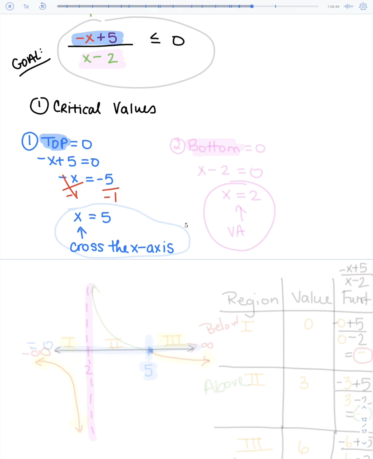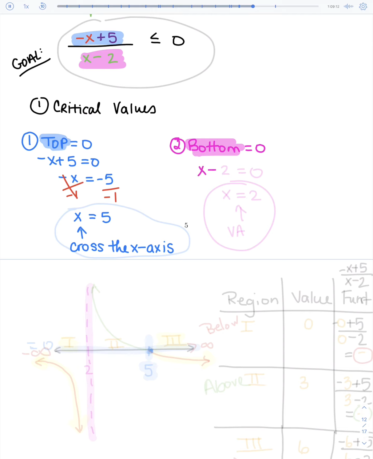Now, the second thing that we're looking for is when our denominator equals 0, when our bottom equals 0, which is when x minus 2 equals 0. That's the bottom of our fraction.